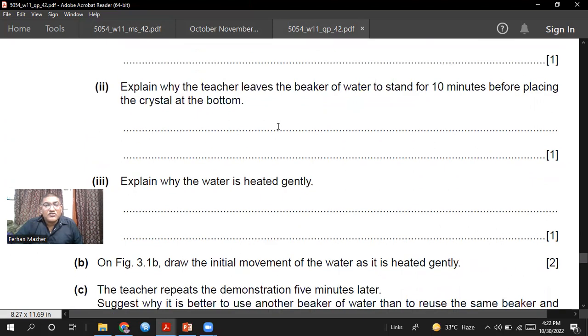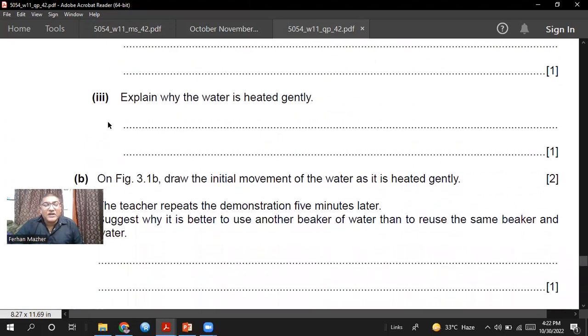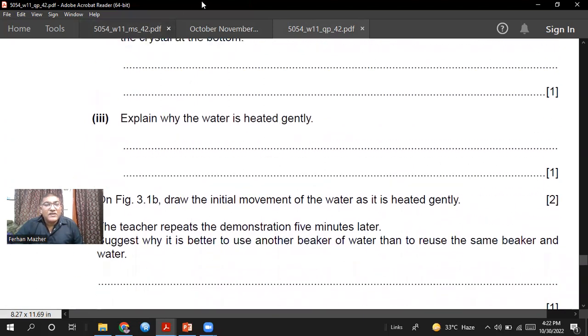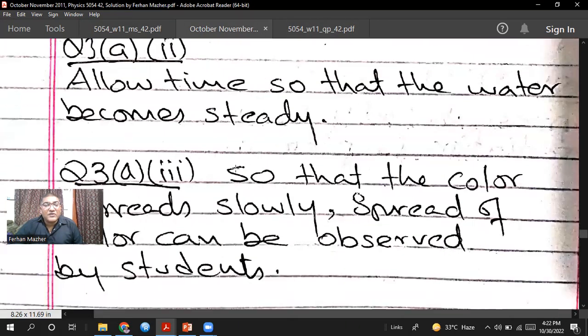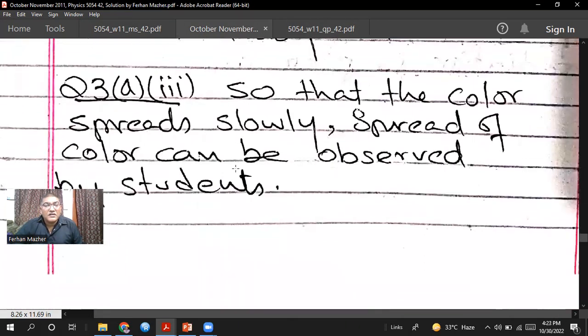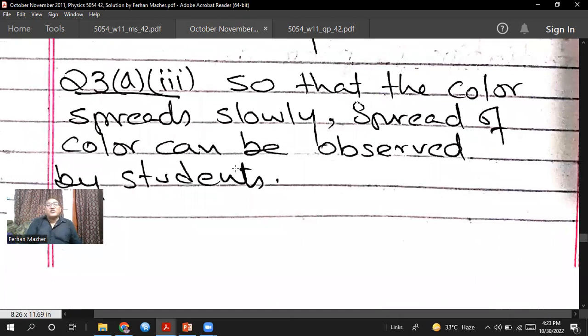Then he says, explain why the water is heated gently. We will heat it gently so that the color spreads slowly. The speed of the spread of the color can be observed by students.